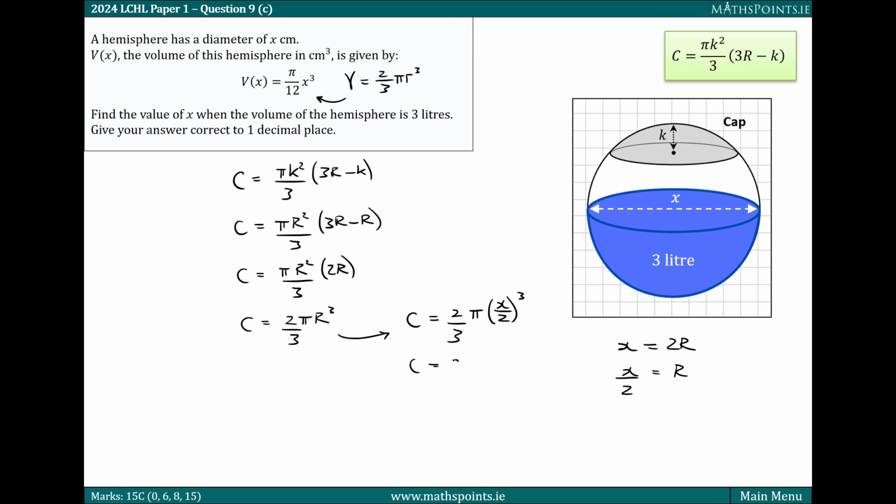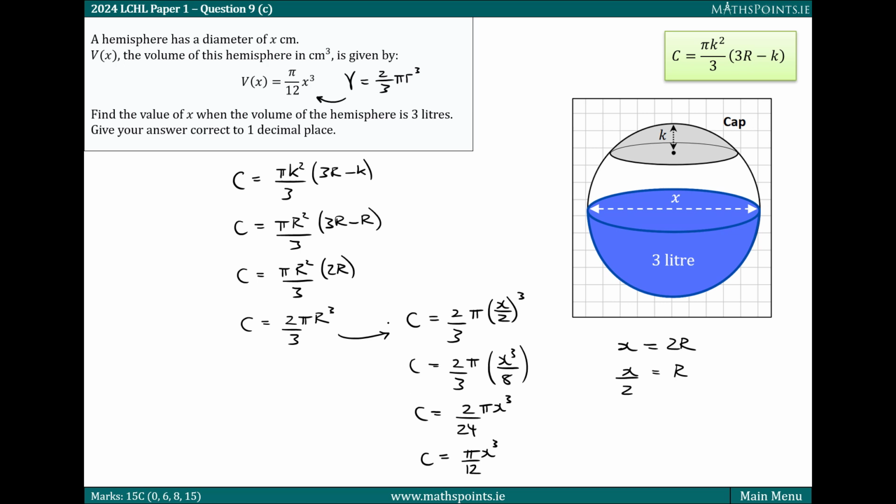So the volume is equal to 2/3 pi times x over 2 cubed, which is x cubed over 8, and that's going to be 2 over 24 pi times x cubed. And then if we divide the top and the bottom by 2, we get pi over 12 x cubed.